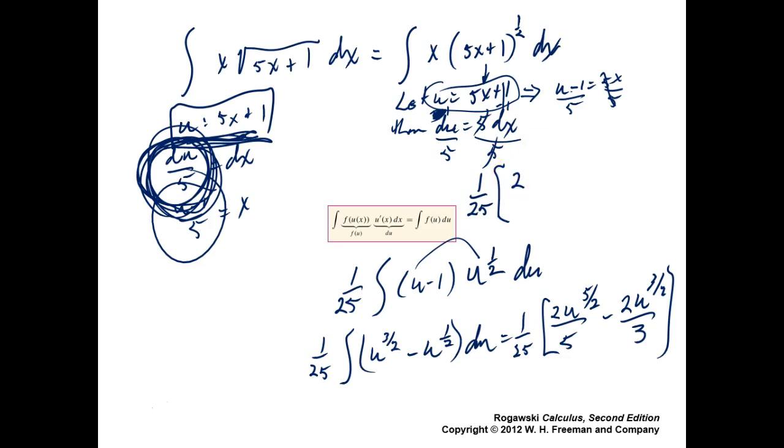And what is your u? 5x plus 1 to the 5/2 over 5 minus 2 times 5x plus 1 to the 3/2 over 3. One more thing. Plus C, don't forget your plus C. Okay.